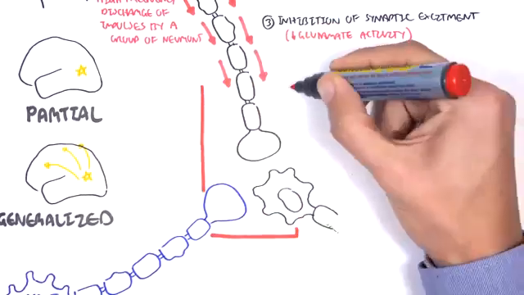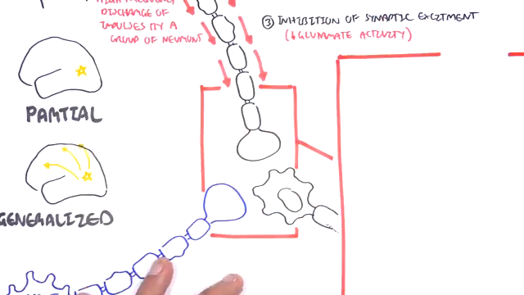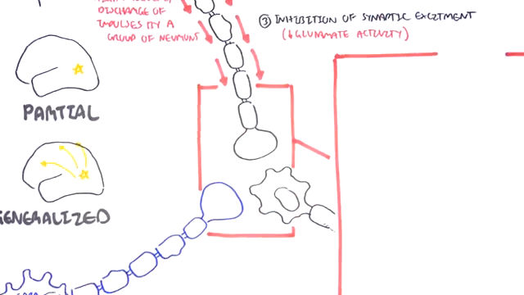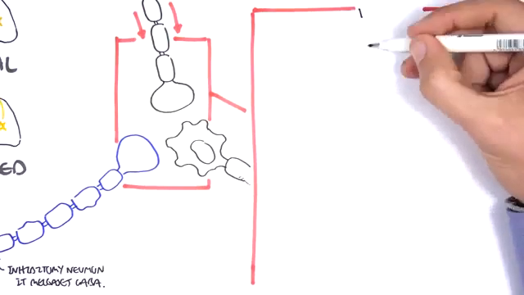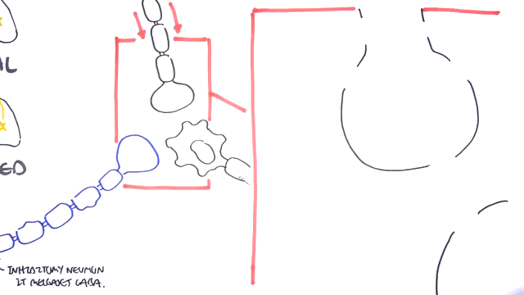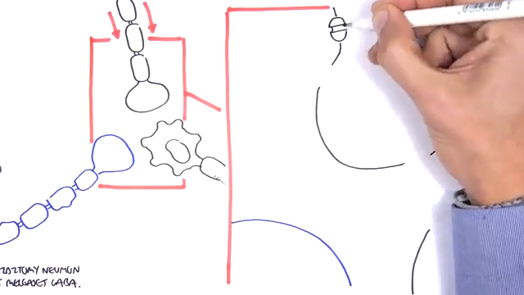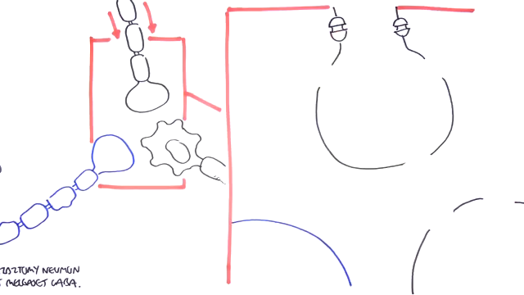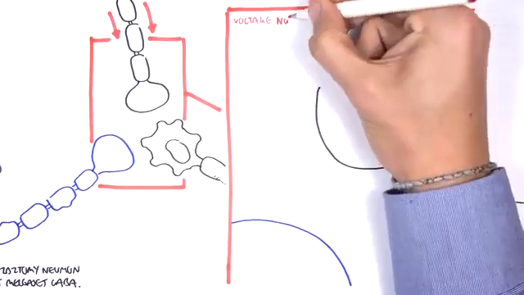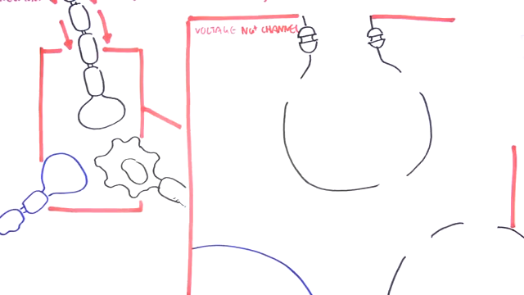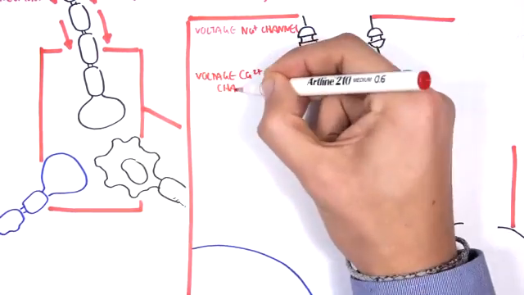So let's zoom in here where all these synapses are occurring and learn a bit more about the physiology and then the pharmacology. Here I'm drawing the glutamatergic neuron, the terminal bulb, and then here we have the postsynaptic neuron, and the blue here is the GABAergic neuron. When an action potential comes down, it causes an influx of sodium via the voltage-gated sodium channels.